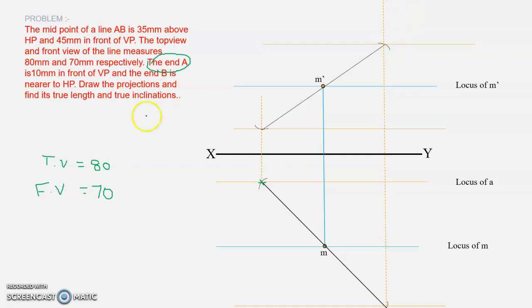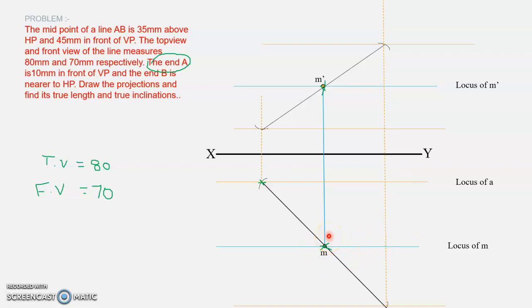Here in the midpoint problem, we need to take M dash and M as the centers. In previous problems, we took A dash and A as the center, but here they have given the locus of M. So you need to take M dash and M as the centers.